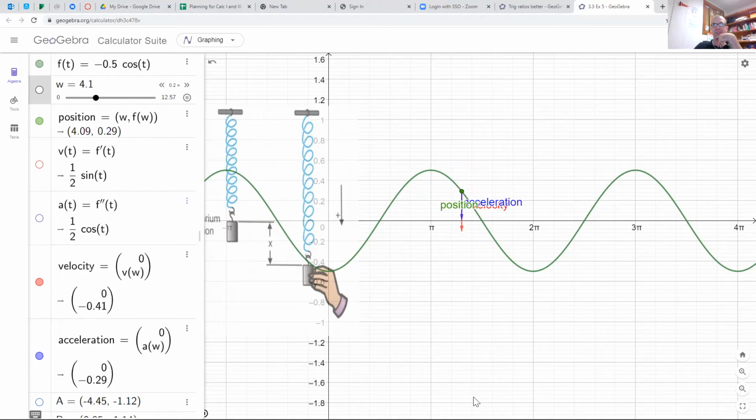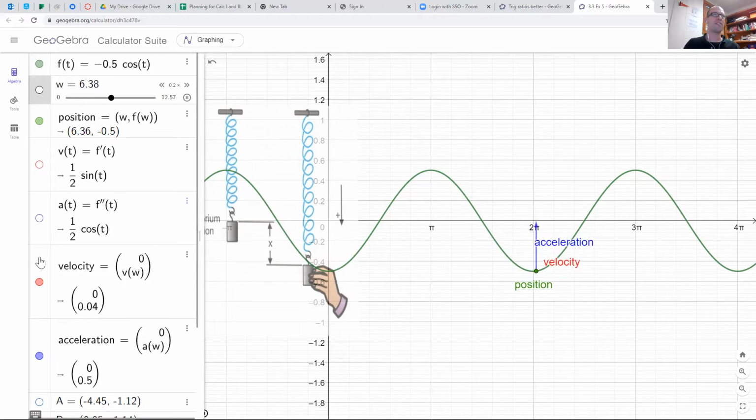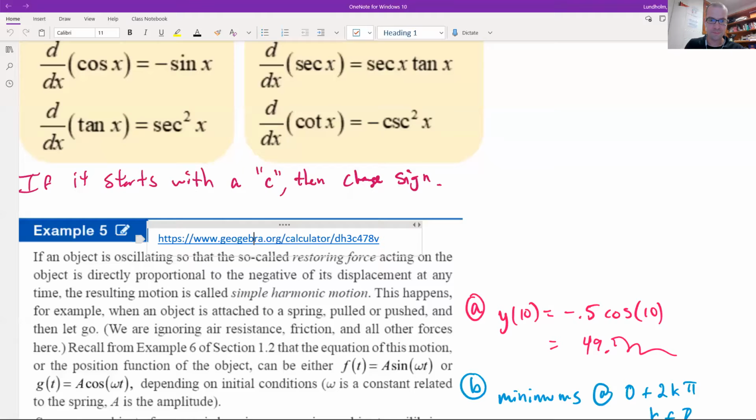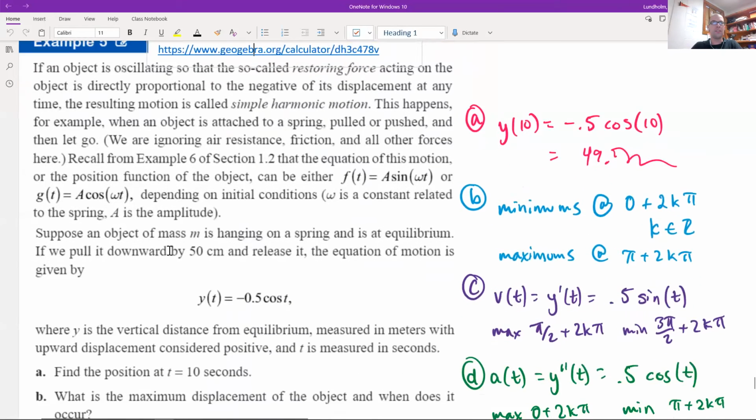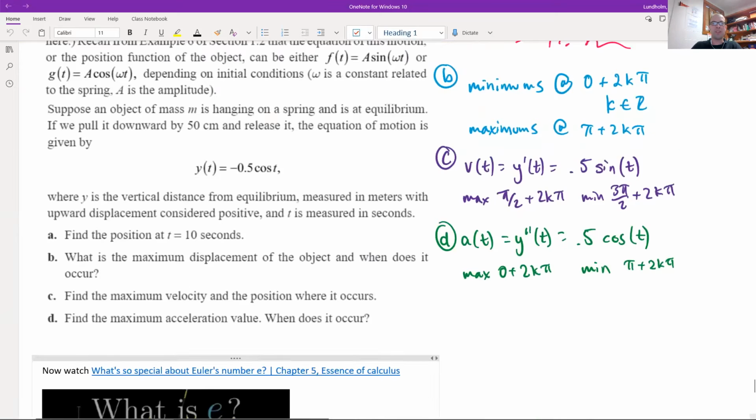All right. So that's cool. You're going to find waves like this all the time when you're doing engineering stuff. All right. So that's actually the last example that I wanted to do.